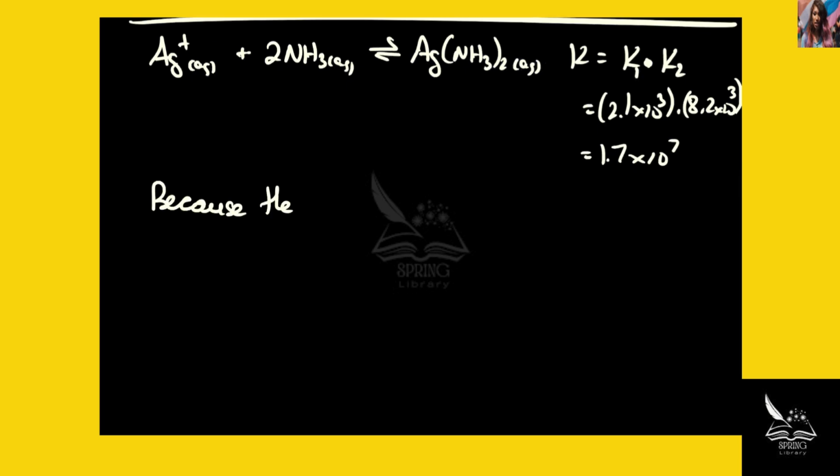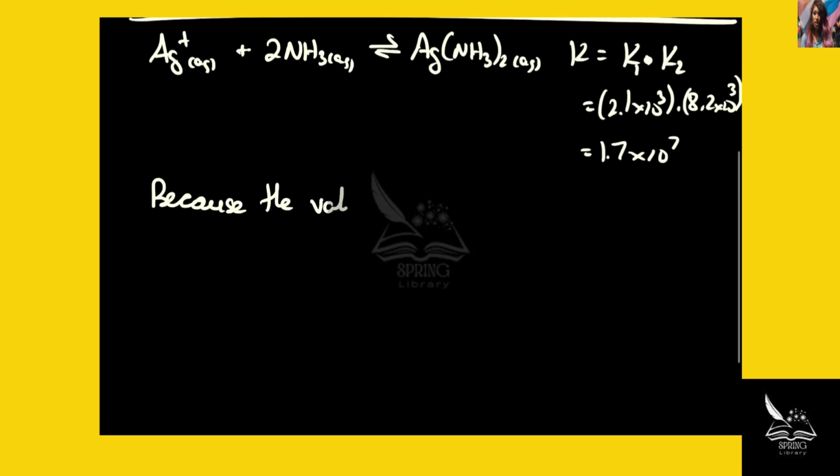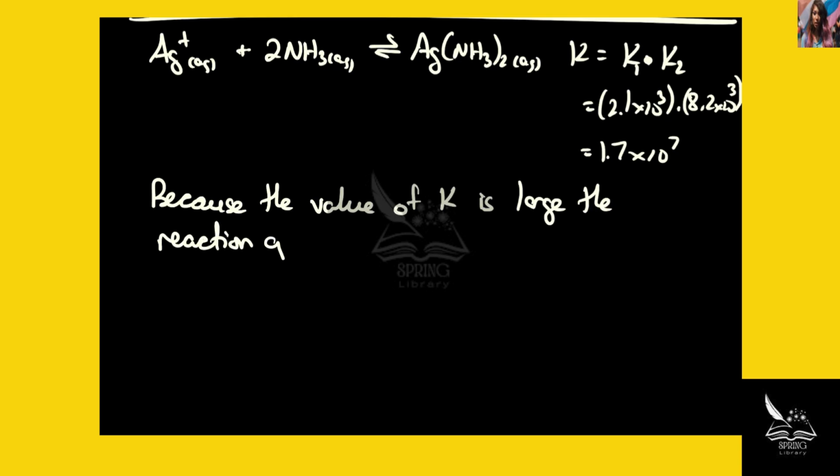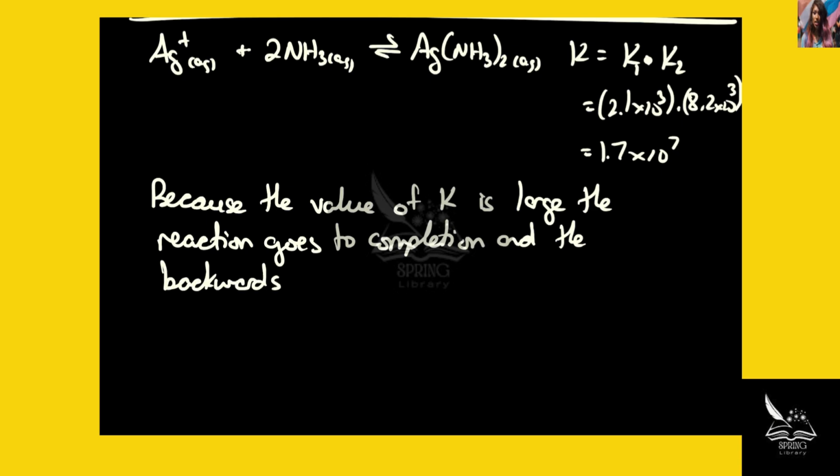So because the value of K is large, the reaction goes to completion, and then the backwards reaction takes place.